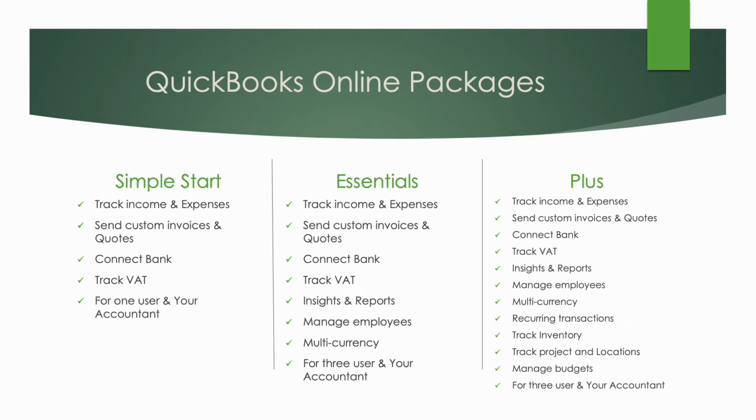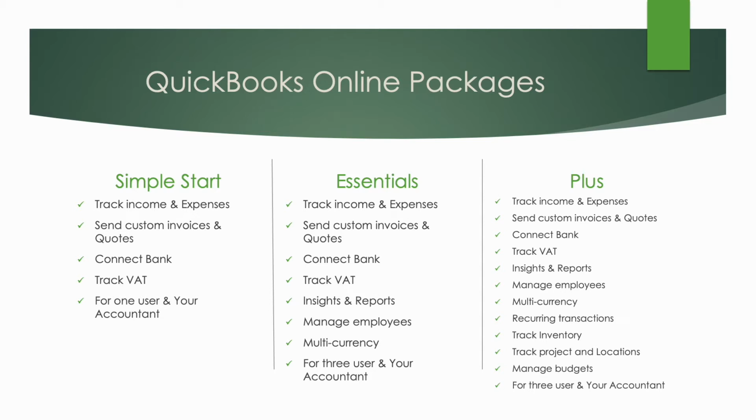Here you can't do pay slips or anything like that, but you're able to track their hours and their tasks and activities. And then multi-currencies, you can now start dealing with multiple currencies for those who have international trades. And then you get 3 users on this one. You get yourself, your bookkeeper, an admin staff member, and your accountant. So you can get up to 3 people plus your accountant on this one.